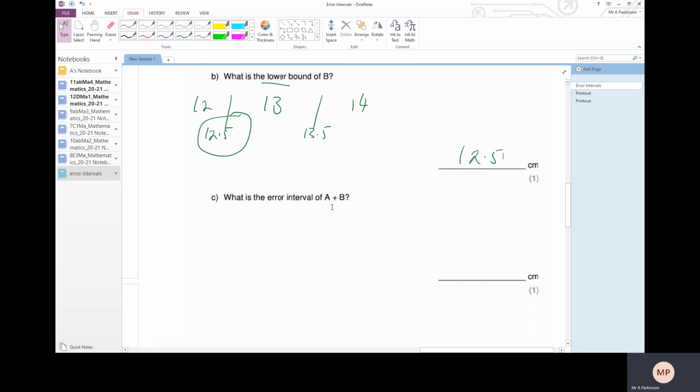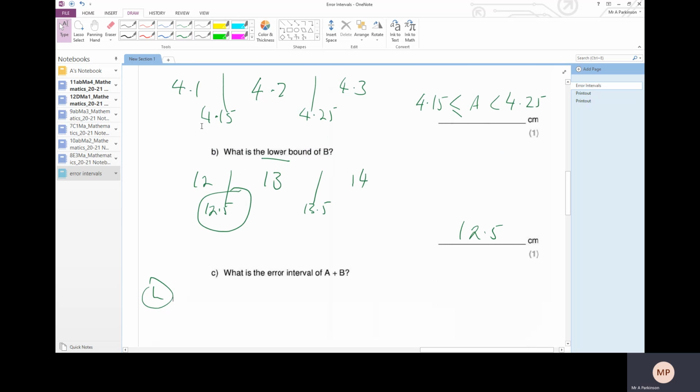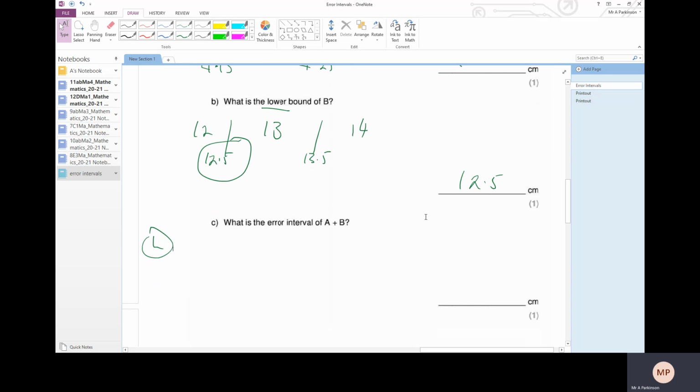And lastly, what is the error interval of A plus B? What you need to think is, what's the lowest possible value of A plus B? What's the highest possible value of A plus B? Lowest is going to take the lowest values. The lowest value of A was 4.15. The lowest value of B was 12.5.